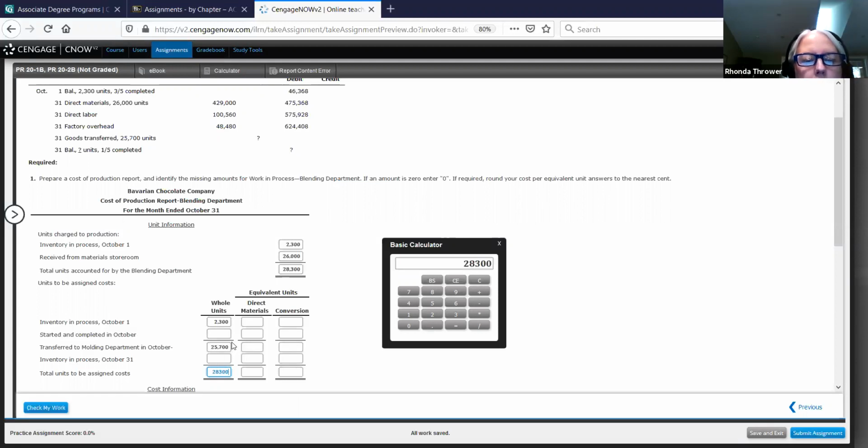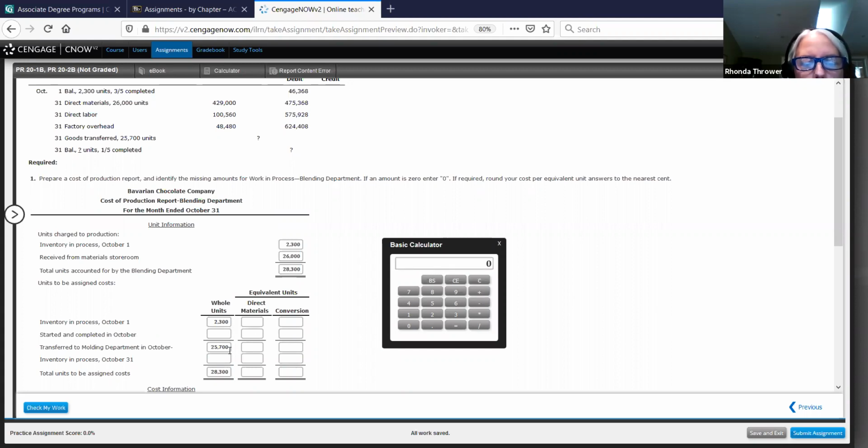Now, in order to find what we've started and completed, if we know the total amount that we transferred out, which was 25,700 units, and if we know what we had in beginning inventory, then the difference between these are what we started in October and the units that we have completed in October. So watch what I do here.